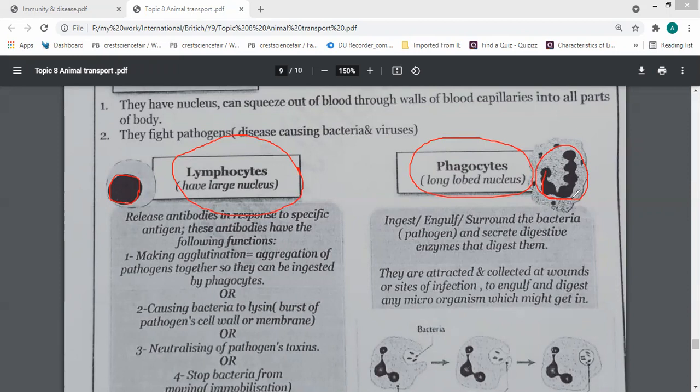So the function of lymphocytes is releasing antibodies to attack a specific pathogen. But the function of phagocytes is to ingest and engulf the pathogen, surrounding it inside the cell, and then secrete digestive enzymes to digest it.